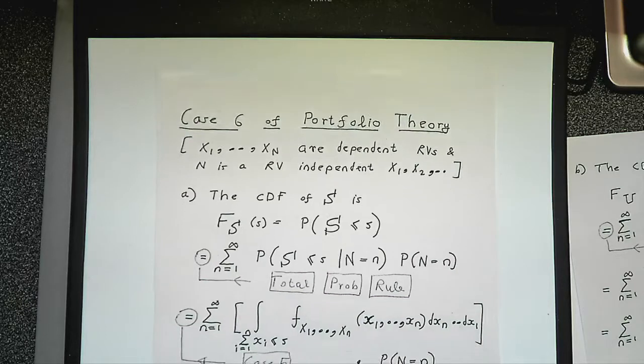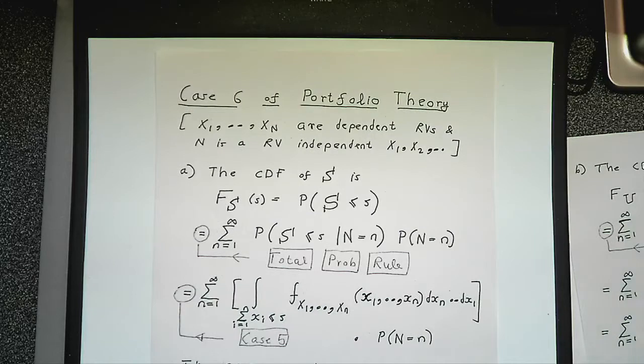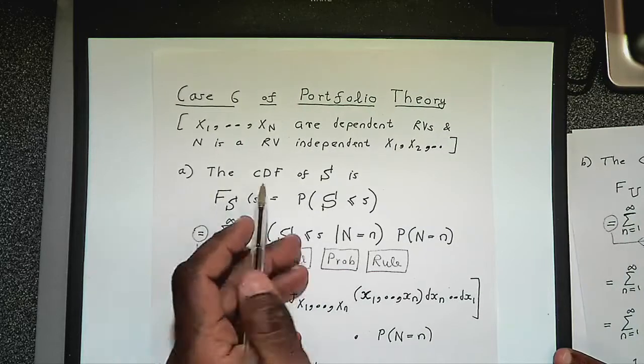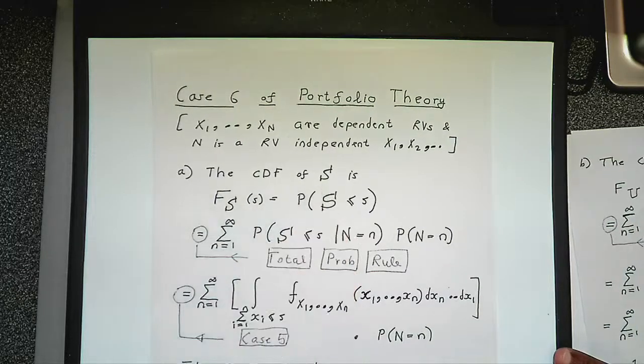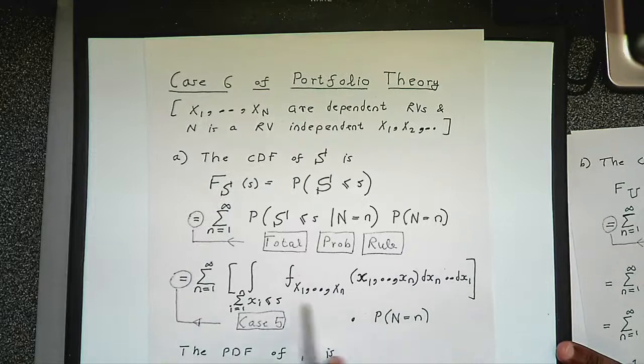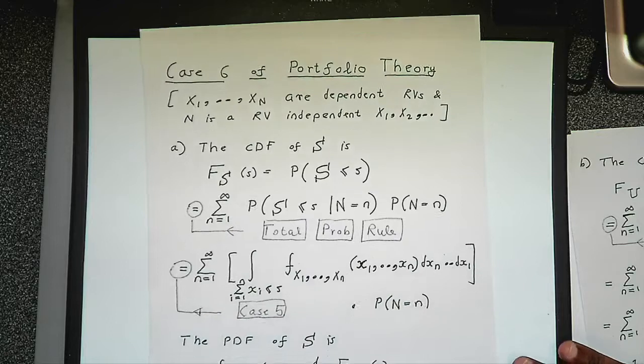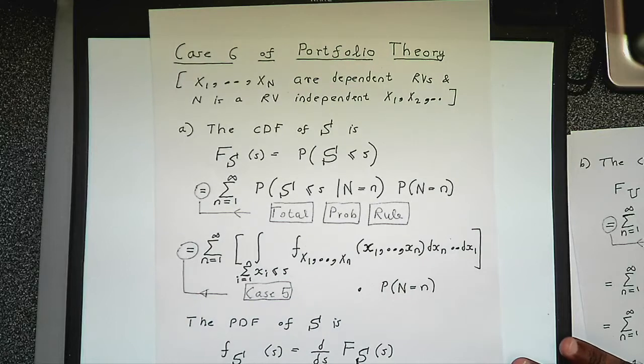Okay, in this case, the CDF of total portfolio loss is given by this formula, right? Again, you don't need to know the derivation, just try to know how to apply. The PDF of S is given by this, yeah.